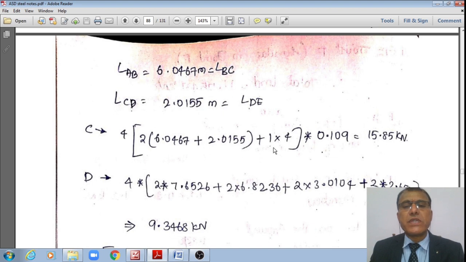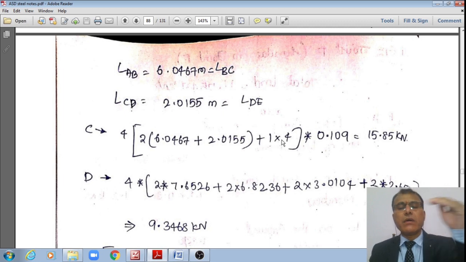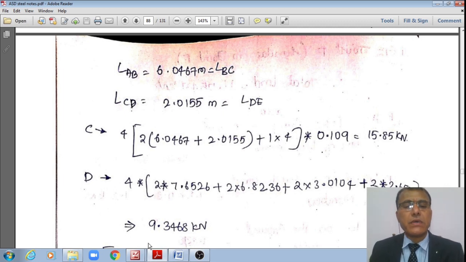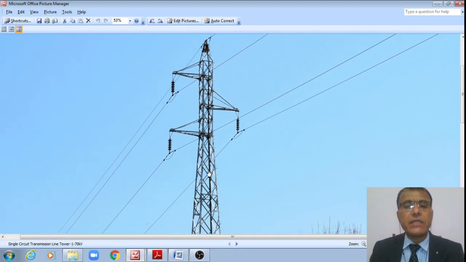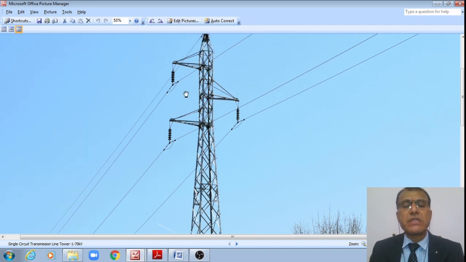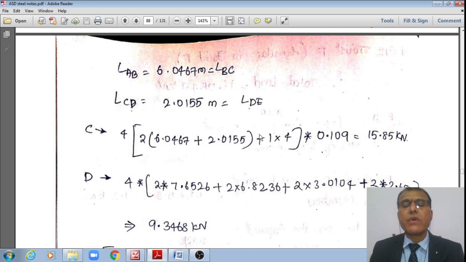Therefore, now I'll calculate the total length of all these columns on all four legs: 2 multiplied by 6.0467 plus 2.0155, and similarly CD, and so on, plus the columns above this part, up to this, from here onwards, 1 plus 1 plus 1 plus 1, that is 4 meters, that is 1 multiplied by 4.